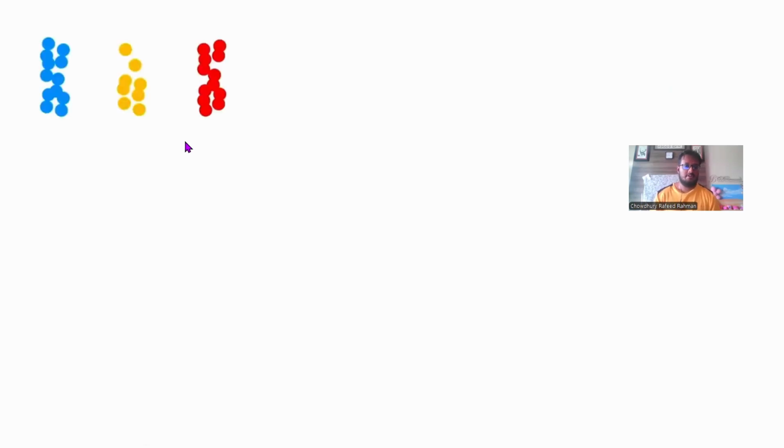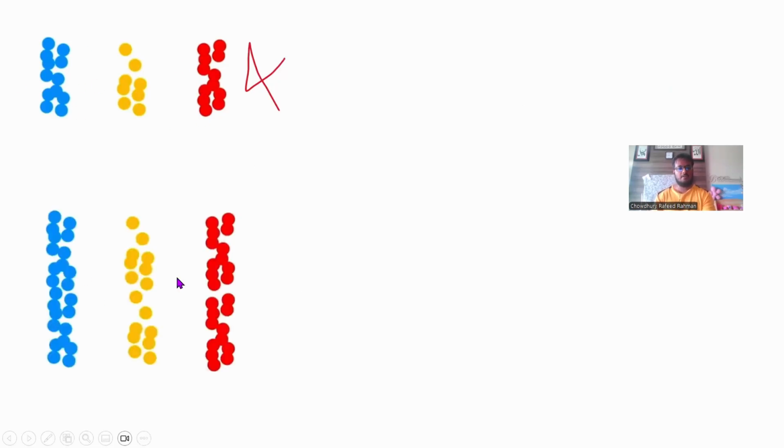Okay, so now let's see some cases. Let's see case number 1. Let's see these three groups. So what do you think? Are they going to be statistically significant? That means, are they different? And the answer is obviously no, because their means look very similar. Now the next case: are they different? Yes, they are different. These two groups are similar, but this group is different.